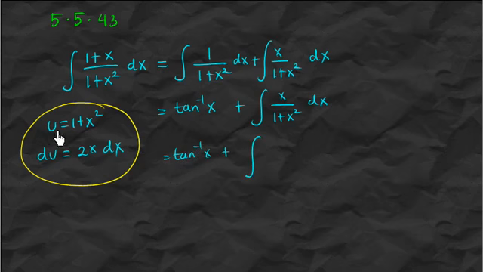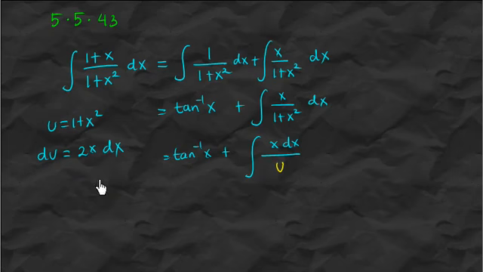Plus, so u is 1 plus x squared, so that is u on the bottom, and we have x dx on the top. So we need x dx in terms of u.